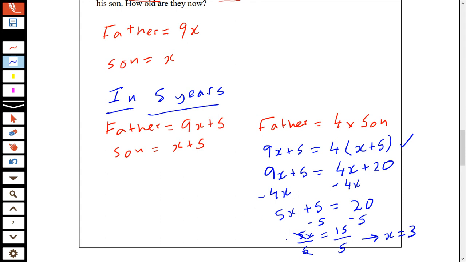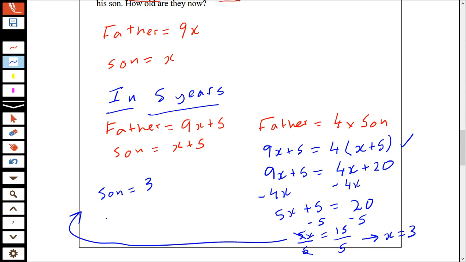So if I come over here now, the question says, how old are they now? Well, x is the son, isn't it? So we can say the son is equal to 3.